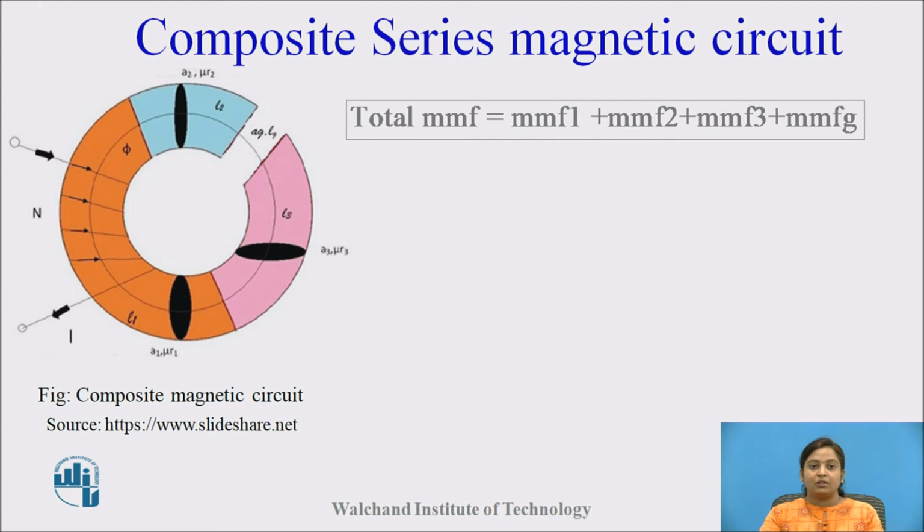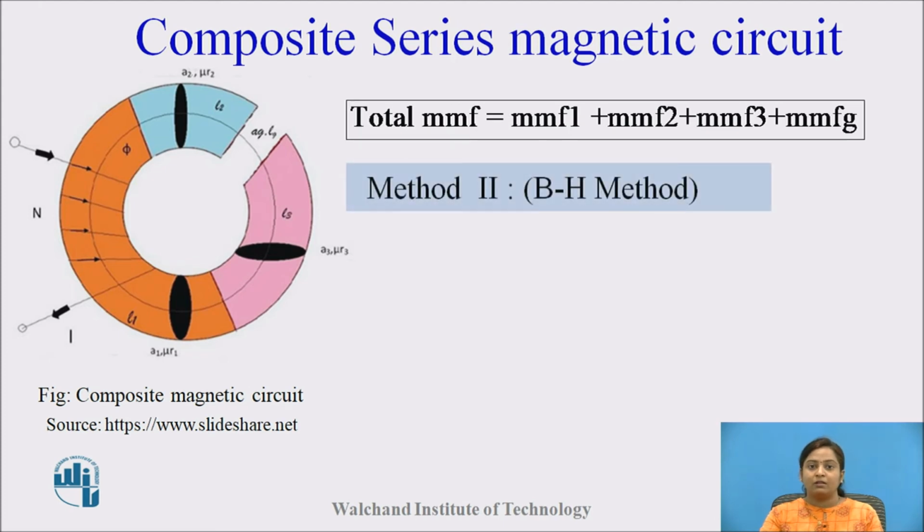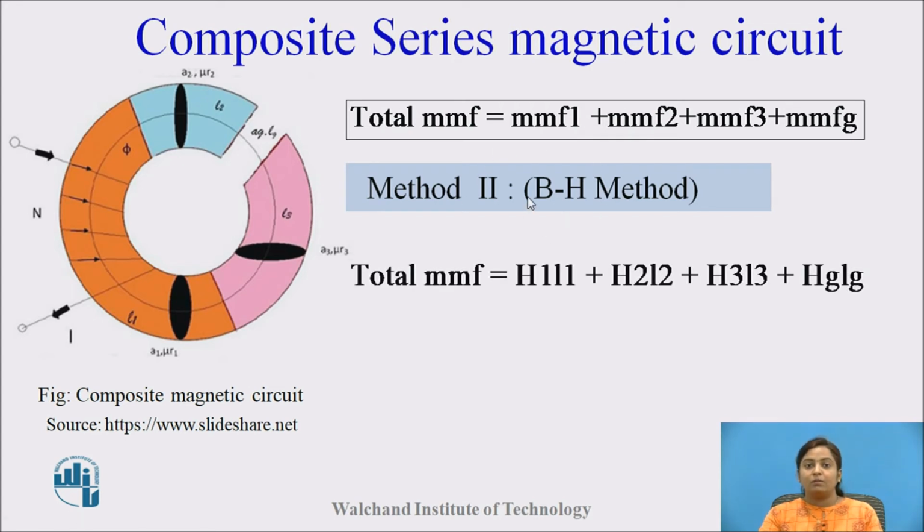Now the second method to determine the MMF of a composite series magnetic circuit is the BH method. Here, by using the field strength and flux density, we can calculate the total MMF. So the total MMF is the sum of the MMF of the individual parts, H1 L1 plus H2 L2 plus H3 L3 plus Hg Lg.